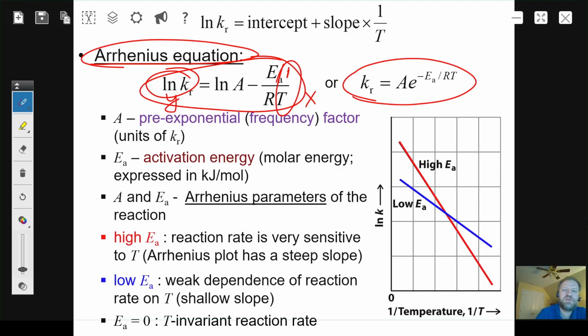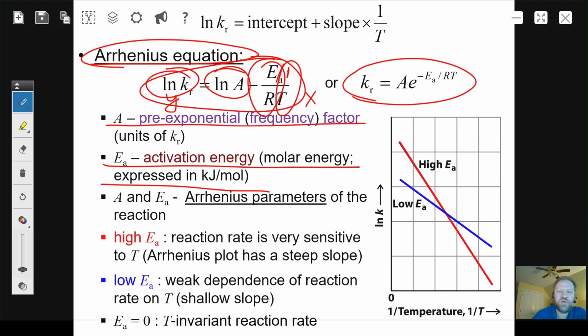Then the slope will be equal to the negative of the parameter known as activation energy, which has dimensions of energy and is commonly expressed in kilojoules per mole, divided by the gas constant, and the y-intercept is going to be equal to the natural log of the so-called pre-exponential, or as recently suggested, frequency factor, which has exactly the same units as the rate constant k.